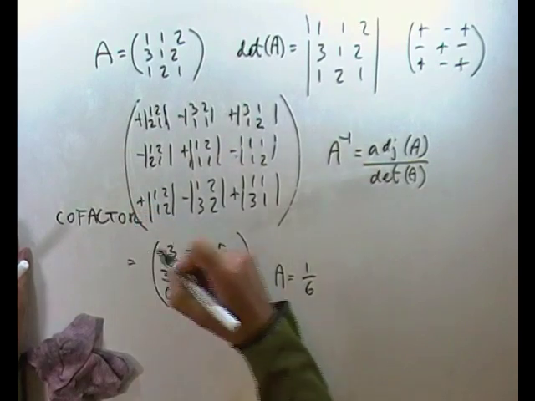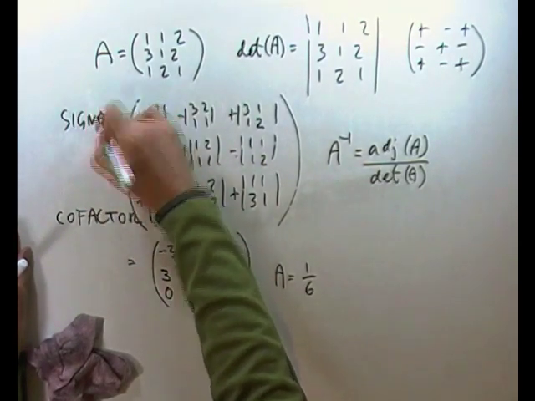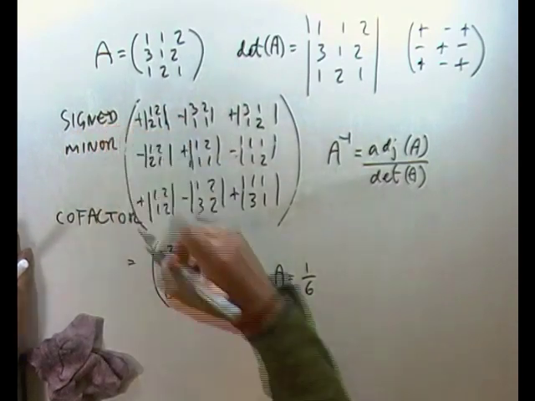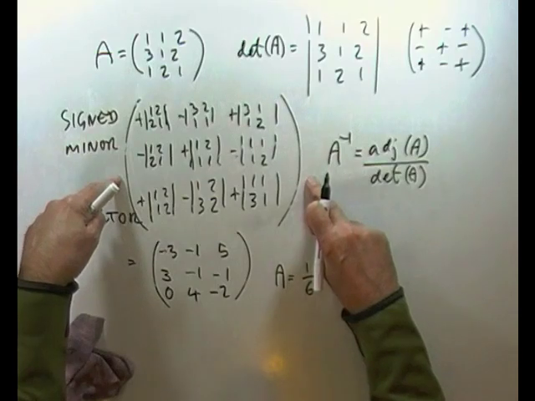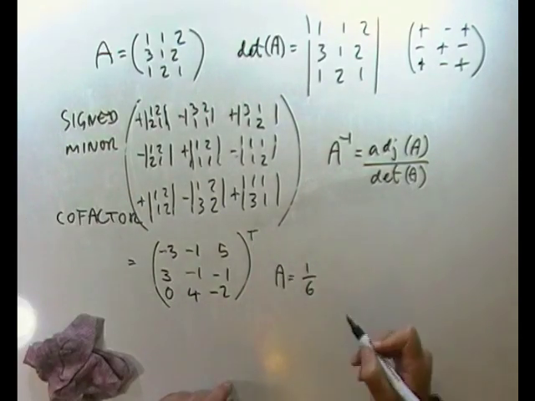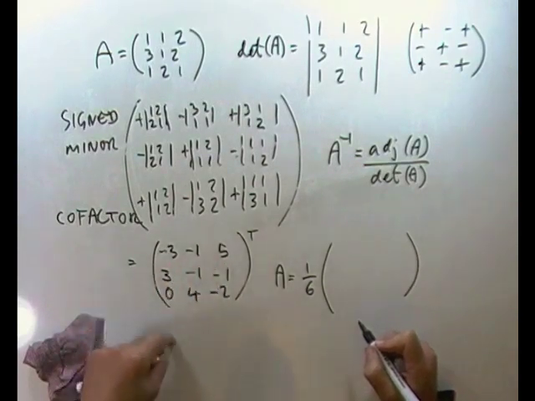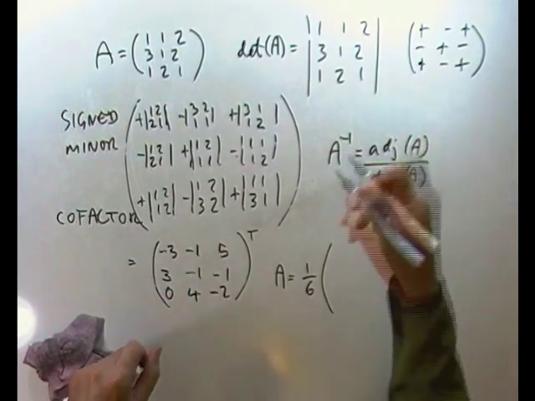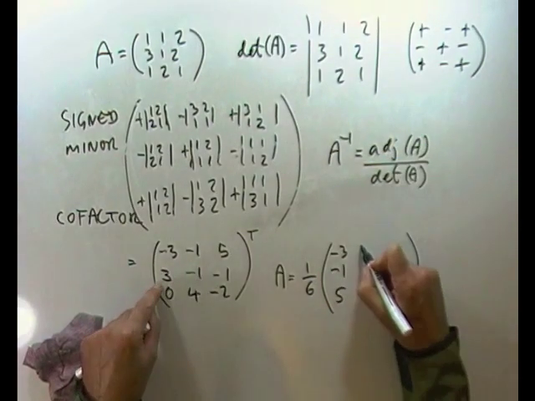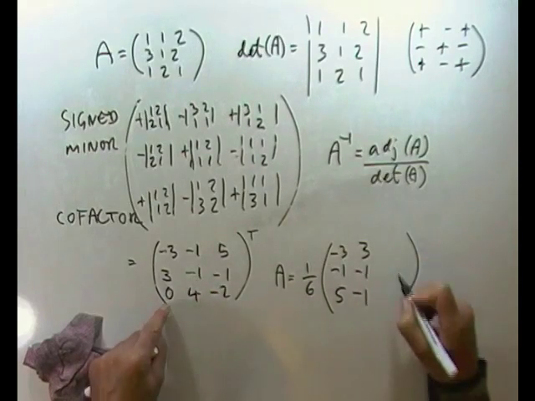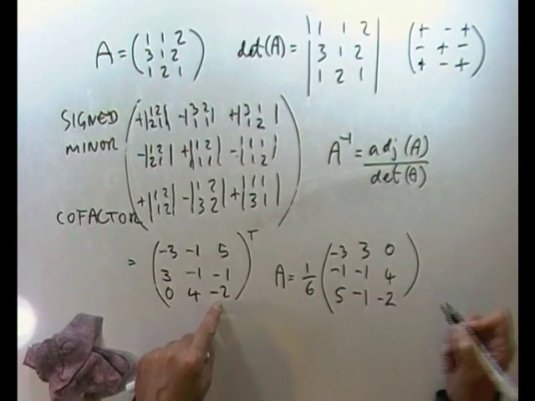Everything's been replaced by its cofactor, that cofactor being the signed minor. You take the matrix where everything's been replaced by its cofactor and then transpose it. So that I'll have turning the columns into rows or rows into columns, whichever you wish. So it's going to go negative 3, negative 1, 5, 3, negative 1, negative 1, 0, 4, negative 2.